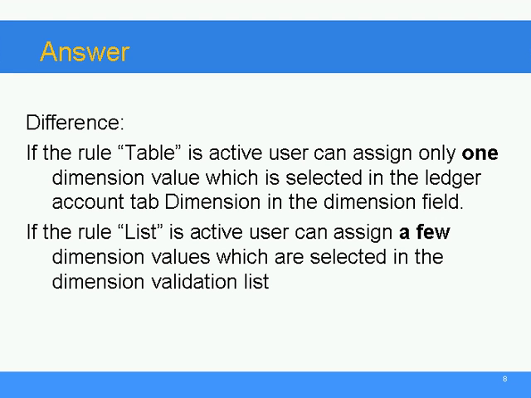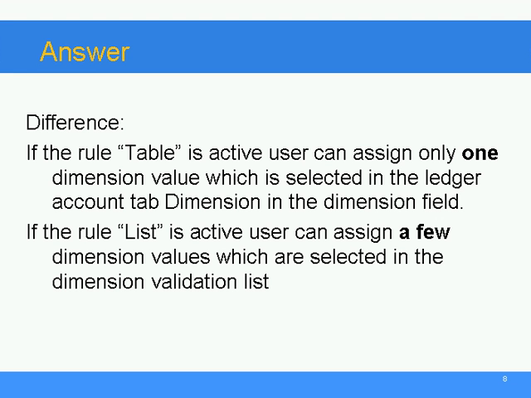If the rule list is active, the user can assign a few dimension values, which are selected in the dimension validation list. So the biggest difference is that the user can assign one or a few dimension values.